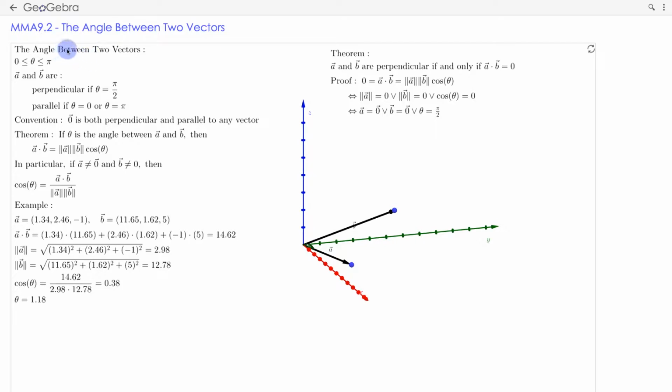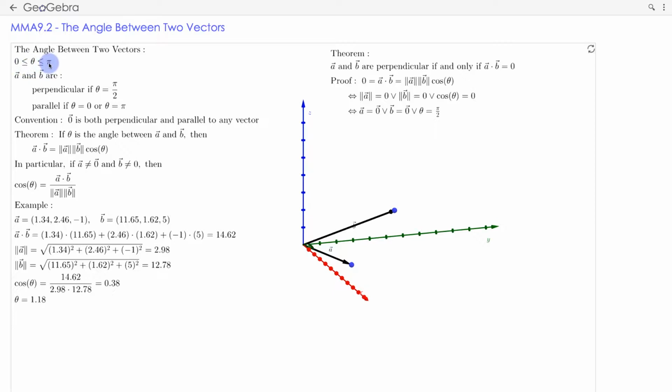So we have to carefully define what we mean by the angle between two vectors. So here we have two vectors, right? What does it mean to have an angle between them? An angle between two vectors is a number which we require to be between 0 and pi.